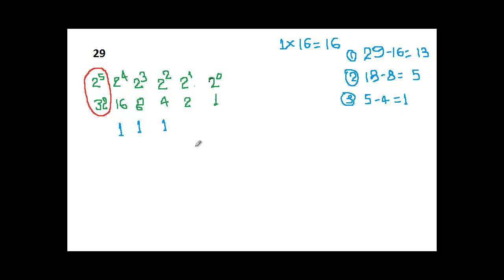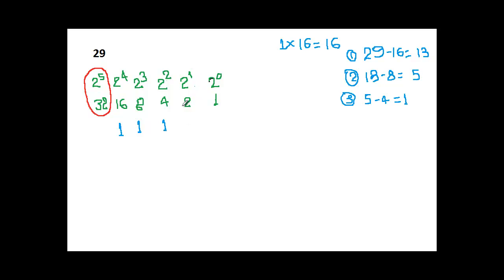Again, now 1 needs to be represented. This place has a value 2, which is greater than what I wanted to represent. Now if I place 1 here, the number will exceed 29, because only 1 remains to be represented, and this will represent 2.